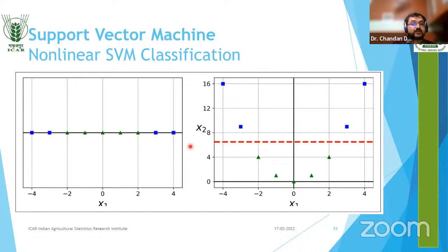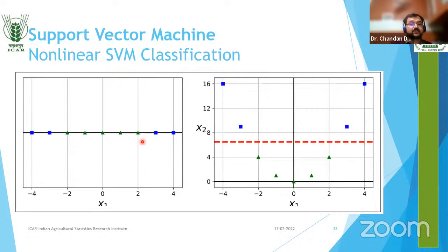Suppose our data only has a single variable, x1. In this case, we cannot linearly separate this data into two classes.